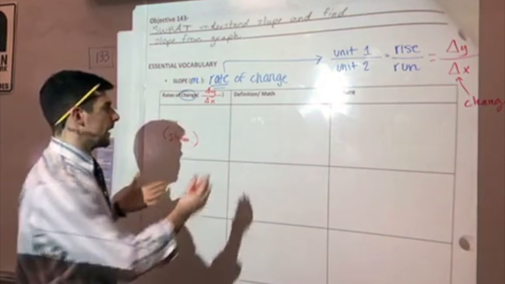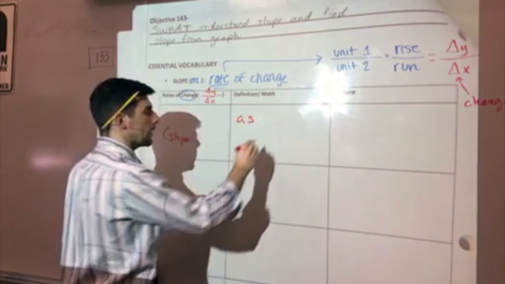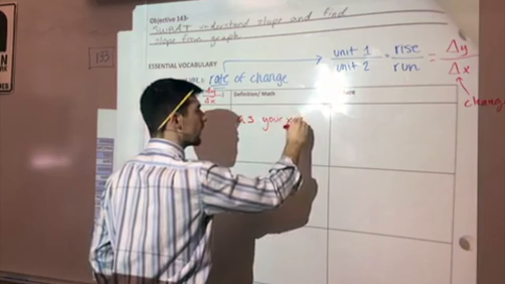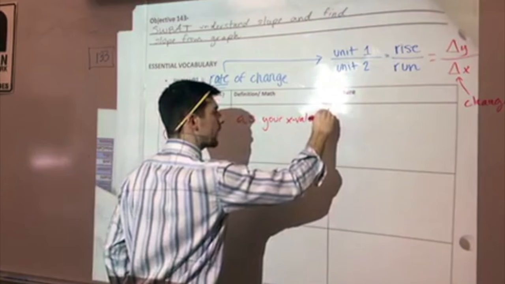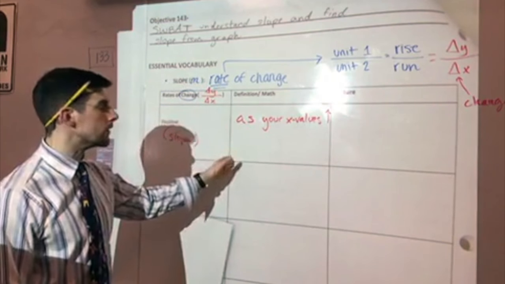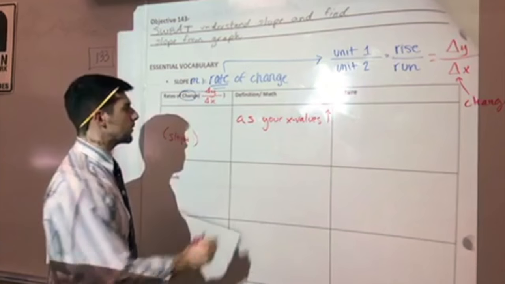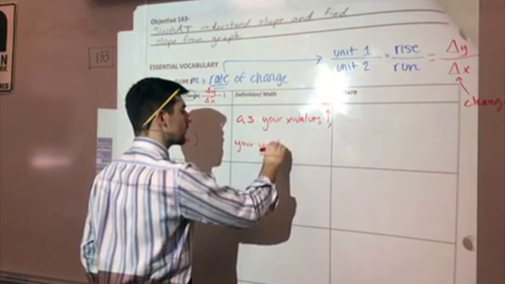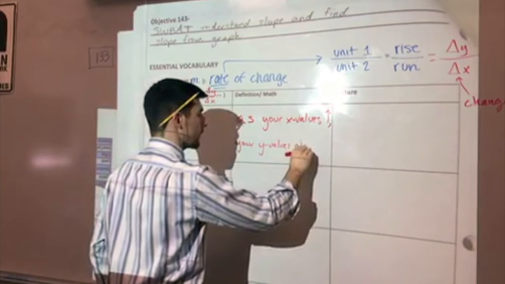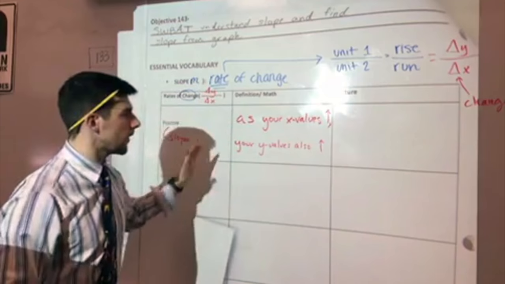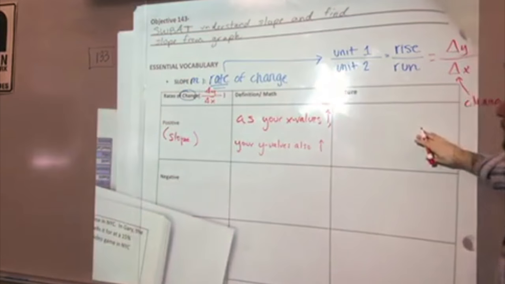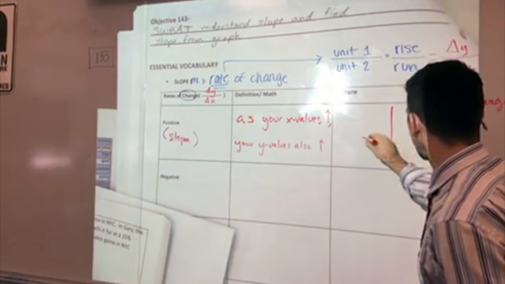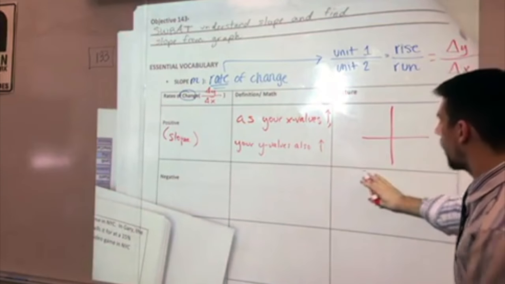The definition, think about it as your x values increase, so if you're at 1, then 2, 3, 4, as those x values increase, your y values also increase. And that makes sense. If our x's are increasing and our y's are also increasing, when we have a positive change, we have a positive rise over run. And slope, positive slope, goes up from left to right.